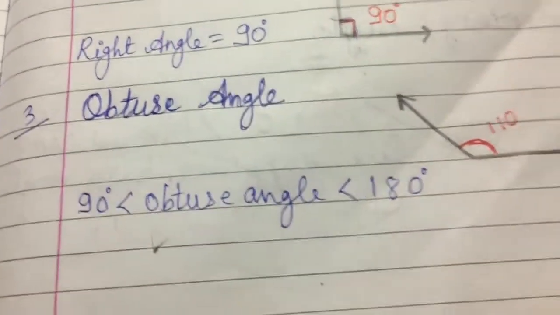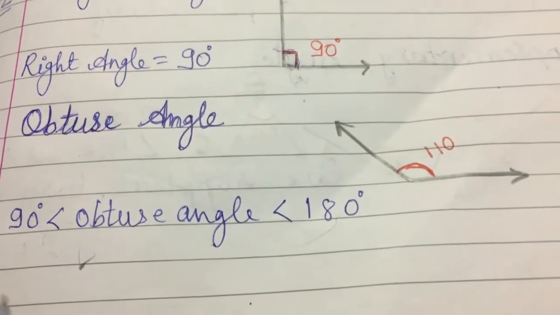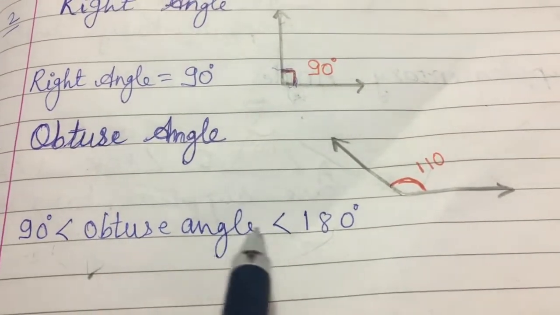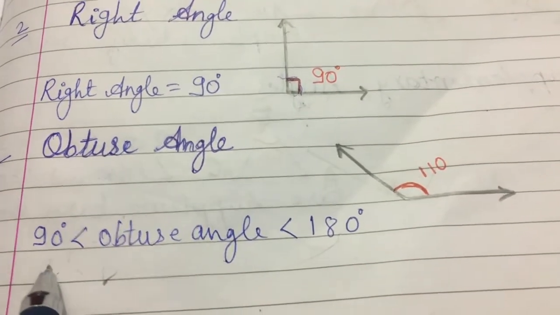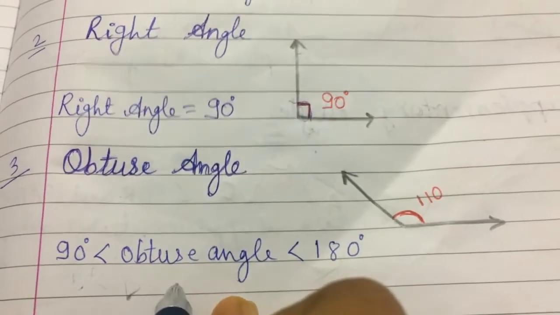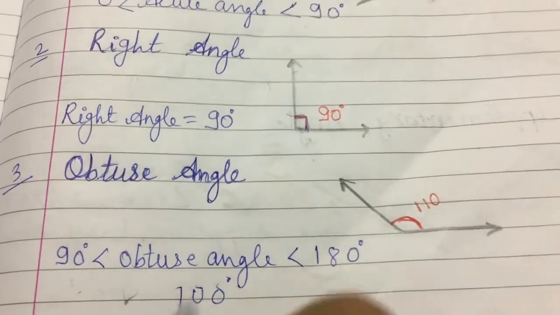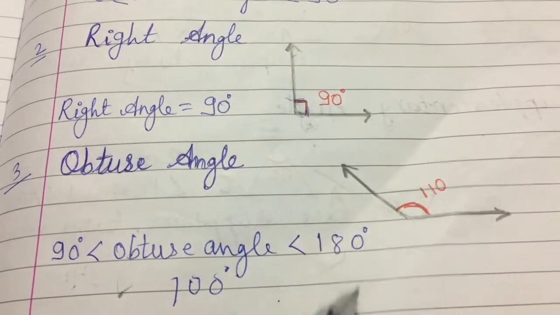Now next is your obtuse angle. An obtuse angle is greater than 90 but less than 180 degrees. See, 100 degrees is also an obtuse angle. Why? Because 100 degrees is again greater than 90 but less than 180.